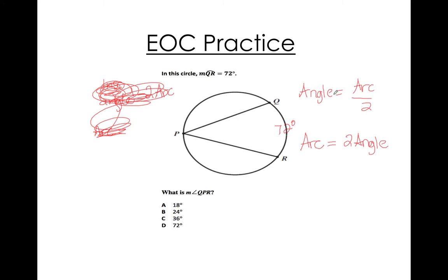Doesn't matter which way you decide to do it, but just remember, the arc is twice the size of the angle. So if this arc is 72 degrees, this angle has to be half of that. So we would use this one, and we end up getting 36. And so C would be our answer.